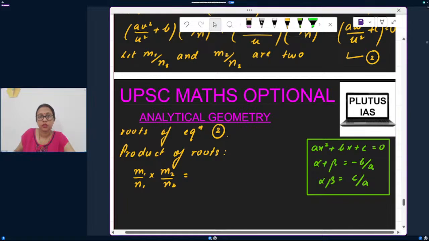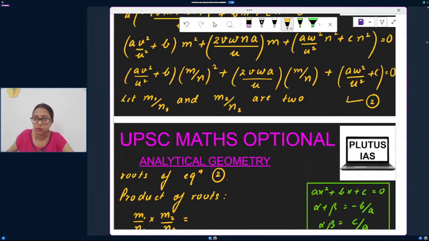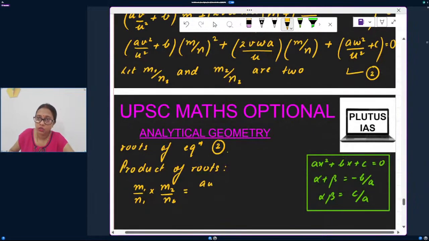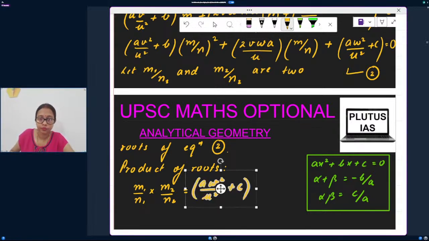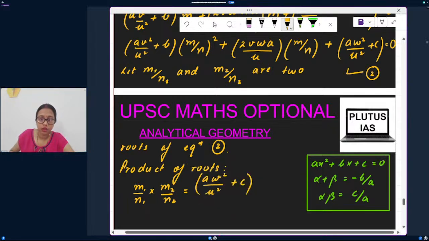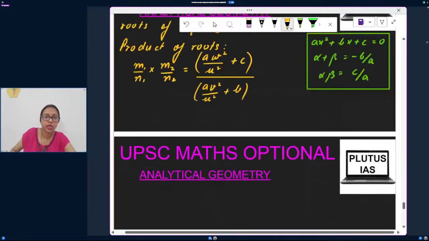So that will give us c by a, with w square by u square plus c, divided by a v square divided by u square plus b. Okay, so how can I handle that? We can simplify it.